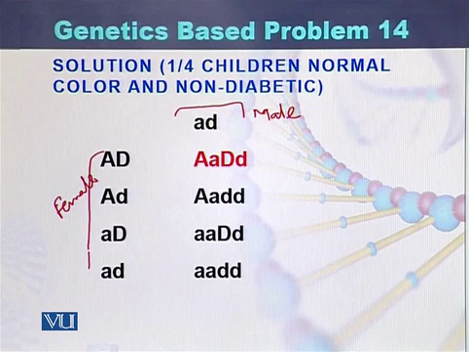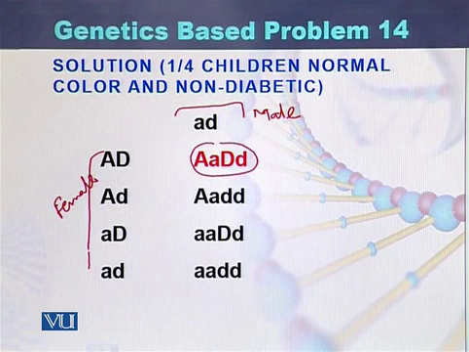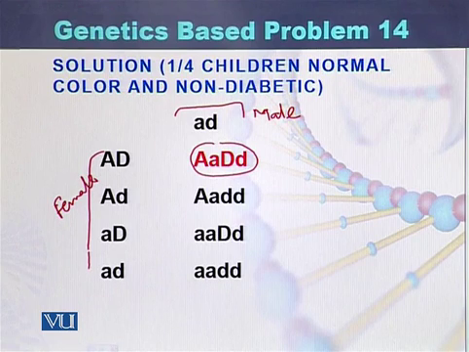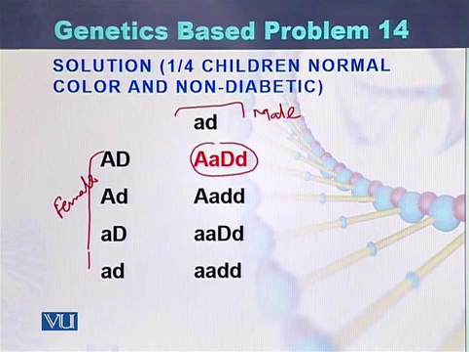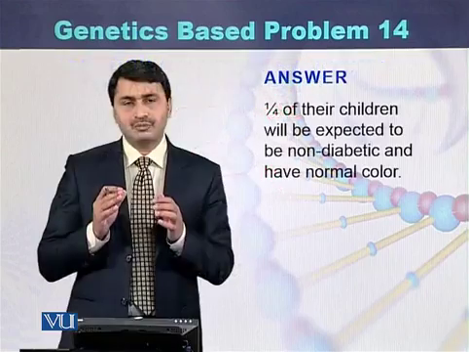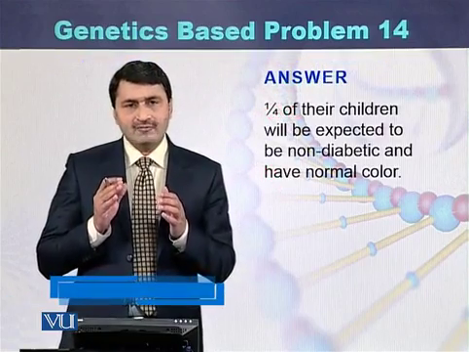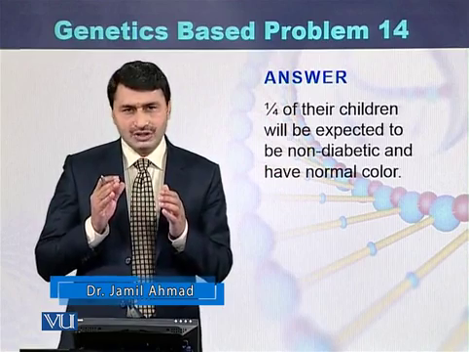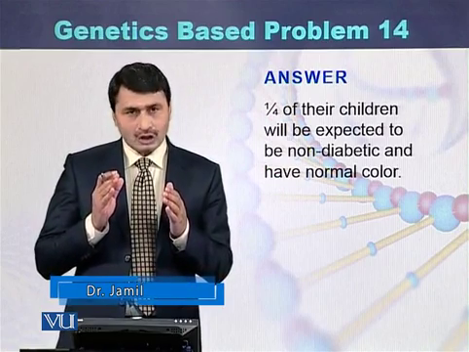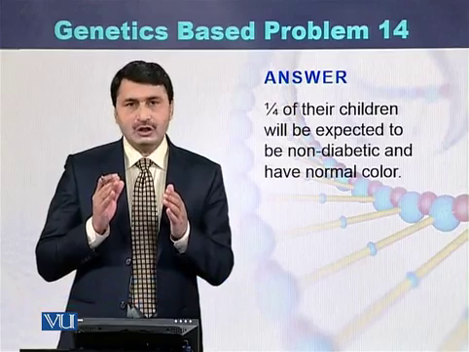As a result, only one individual is normal in color and non-diabetic, the only one among all the possible genotypes with normal color and non-diabetic. So based on the Punnett square, 1/4 of the children of this couple would be non-diabetic with normal skin color.